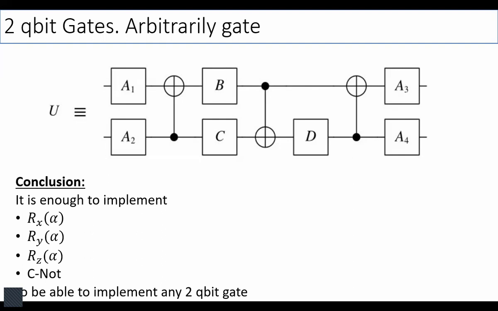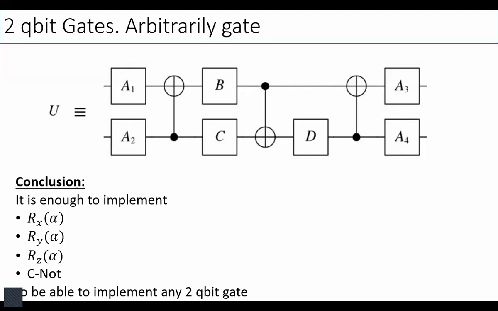So if I manage to implement those operators, and all the platforms which exist can do this, they can implement any 2-qubit operator. This is kind of long story short.